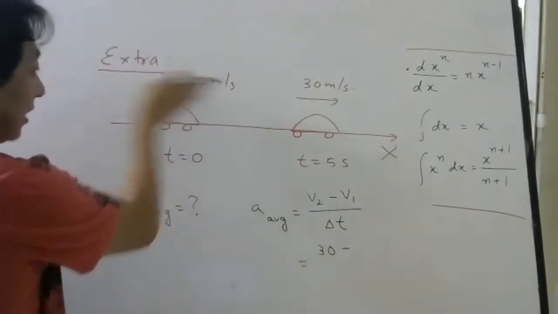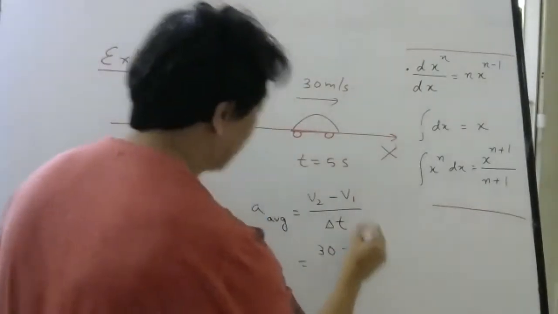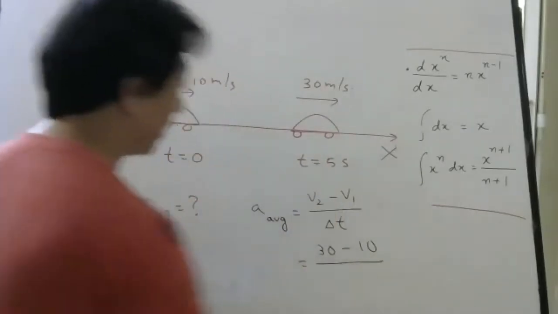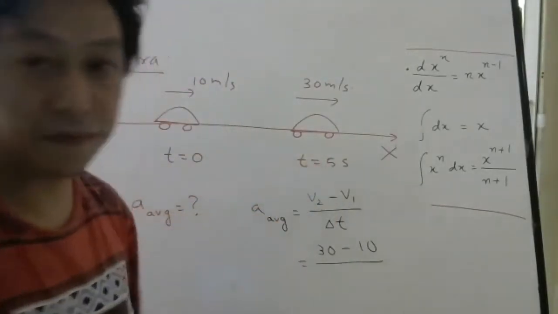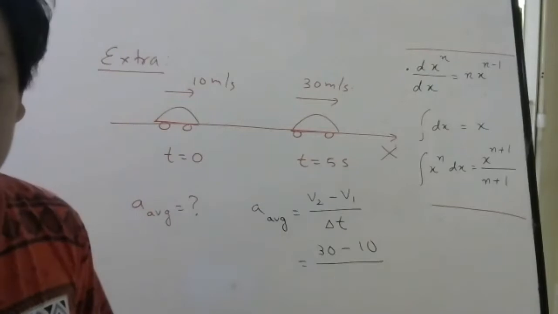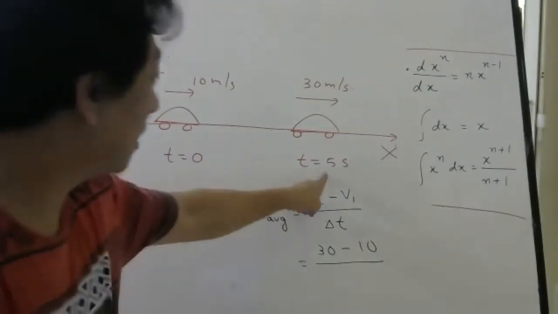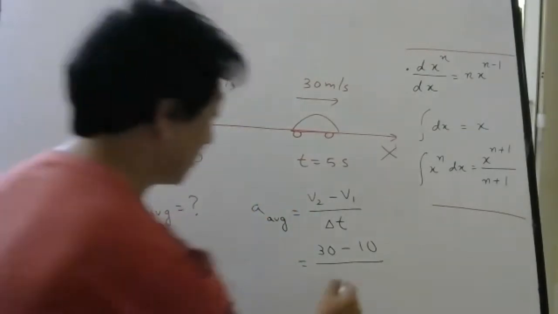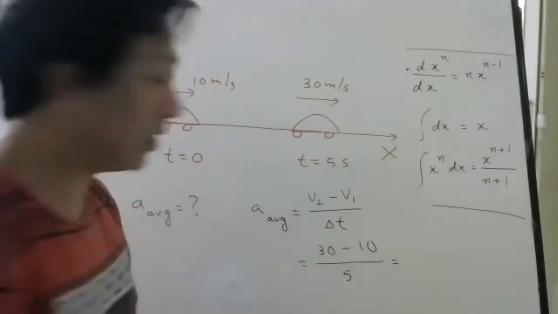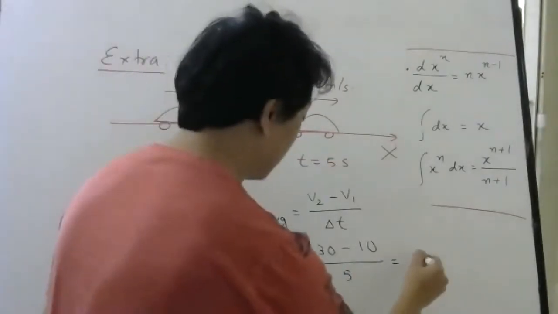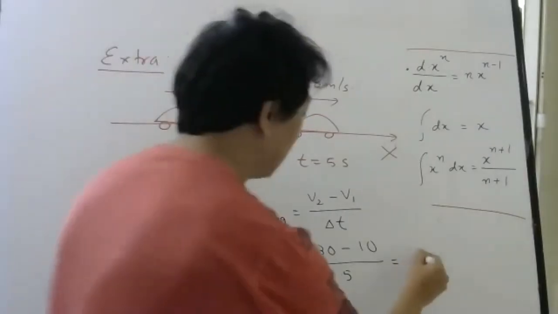Initial velocity 10 this side only. So both are positive numbers. Time taken, from here to here, t2 minus t1, 5 seconds. So answer will be 20 divided by 5, 4 meter per second square.